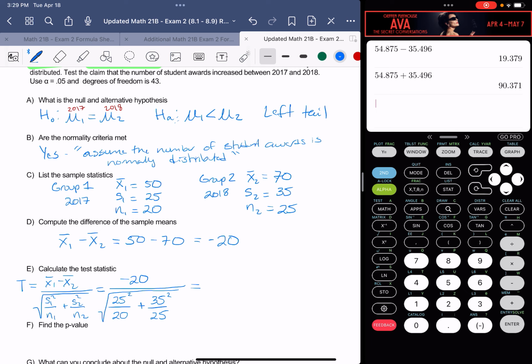Now, at this point, it's up to you, your level of comfort, and how good your calculator is as to how you want to do this. I personally am going to move the numerator over, and I'm going to do the denominator on its own.